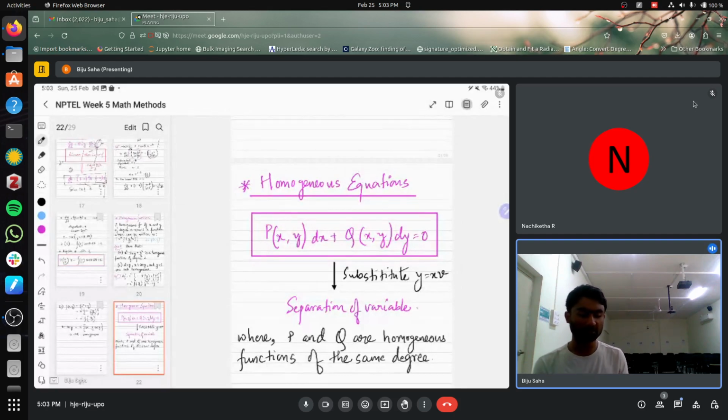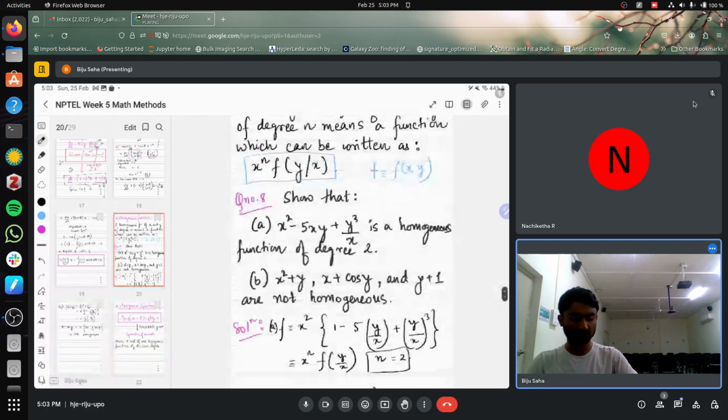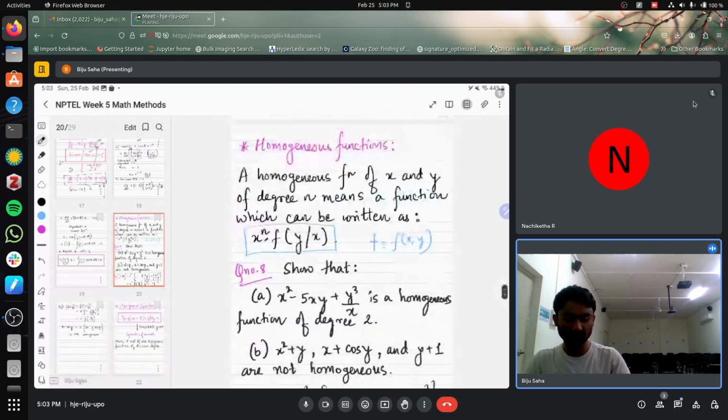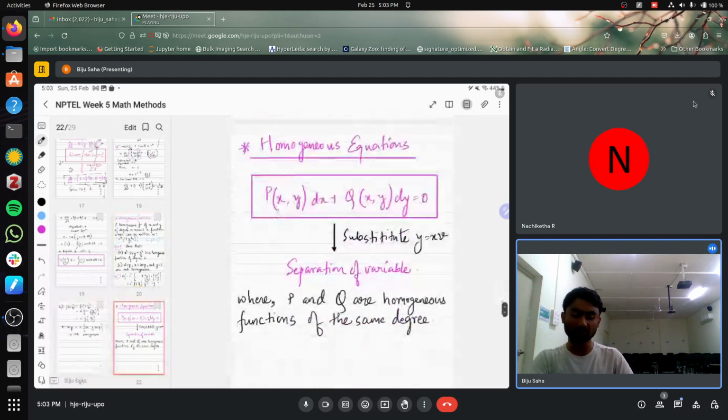So what you see here is a differential equation p dx plus q dy equal to 0. Provided p and q are homogeneous functions of the same degree, the n that appeared here is the degree.